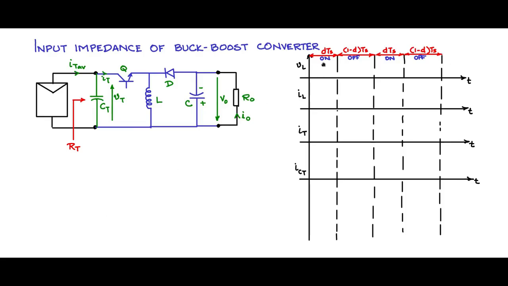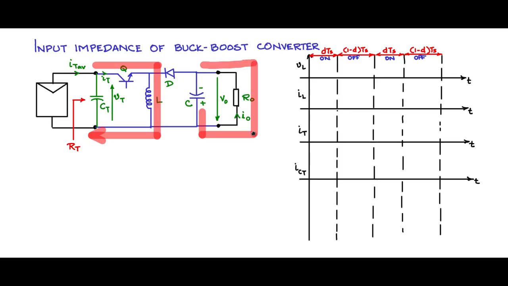Let us consider the period DTS, when Q is on. When Q is on, you will see that there is a flow path for the current in this route. Not only that, there is a current flow here. The capacitor is discharging through the load. So you will see that this potential is at minus V0.